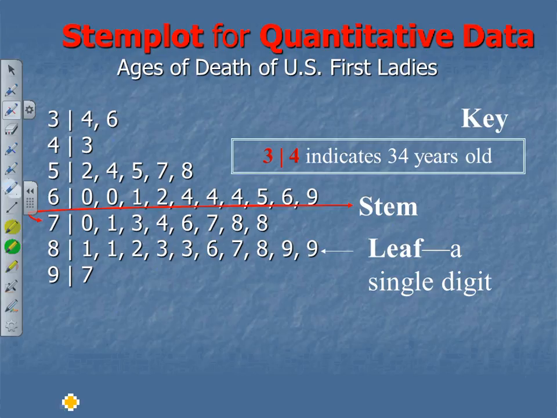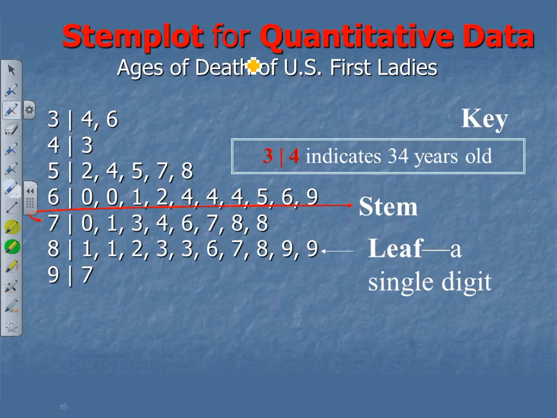Now, I could take this data and spin it on its axis and create a histogram, right? What would the data distribution look like? Would it be normal? Would it be skewed right? Would it be skewed left? Would it be uniform? Let's see.